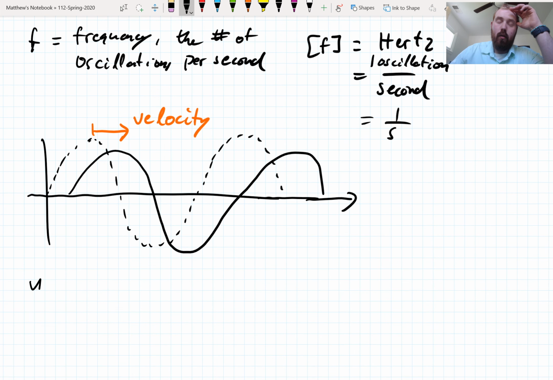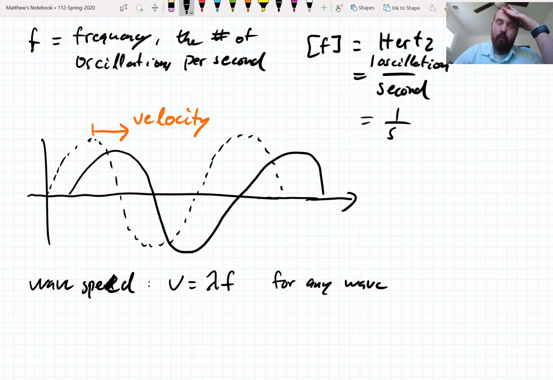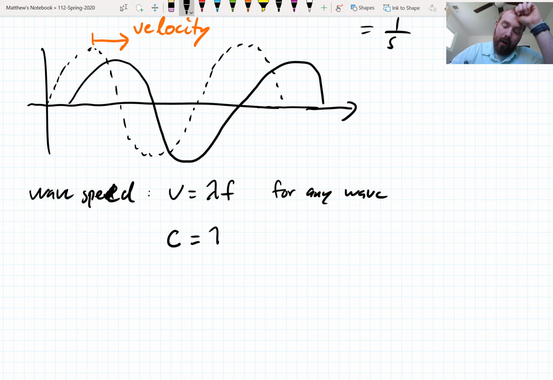Well, the wave speed is simply the product of the wavelength and frequency, equals lambda f. And this is true for any wave. But since we're dealing with light waves, we get a nice, useful modification to this. We'll actually write it as c equals lambda f, the speed of light.